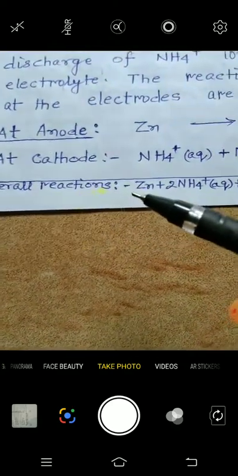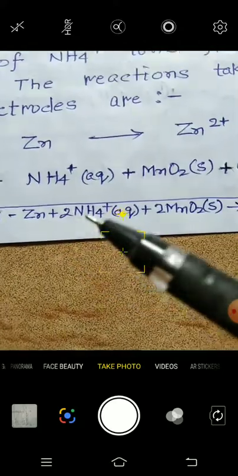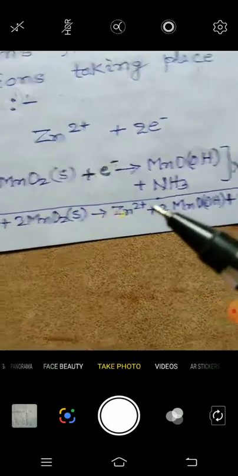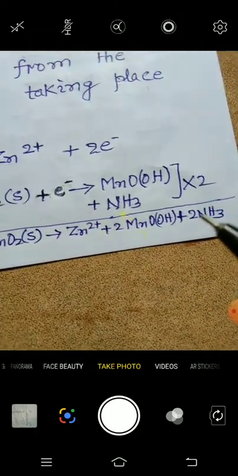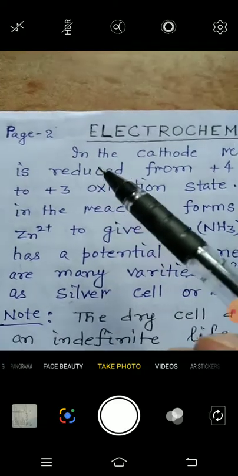Overall reaction is given here: Zn plus 2 NH4+ (aq) plus 2 MnO2 gives Zn2+ plus 2 MnO(OH) plus 2 NH3. So this is the overall reaction.